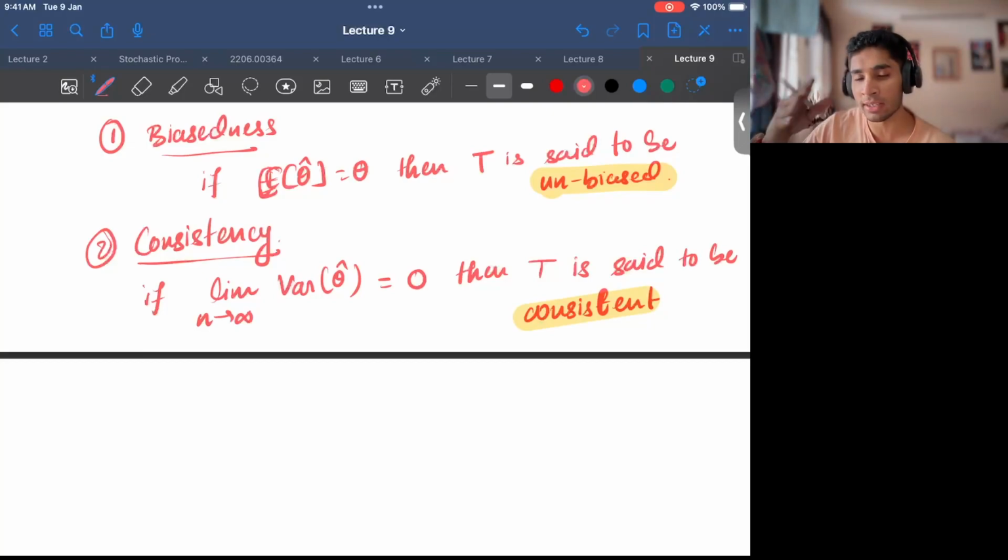If its variance is very large, you will have to repeat the experiment many times to find the parameter with high confidence. What is desired is that your estimator be unbiased and consistent at the same time. Just keep these things in mind.